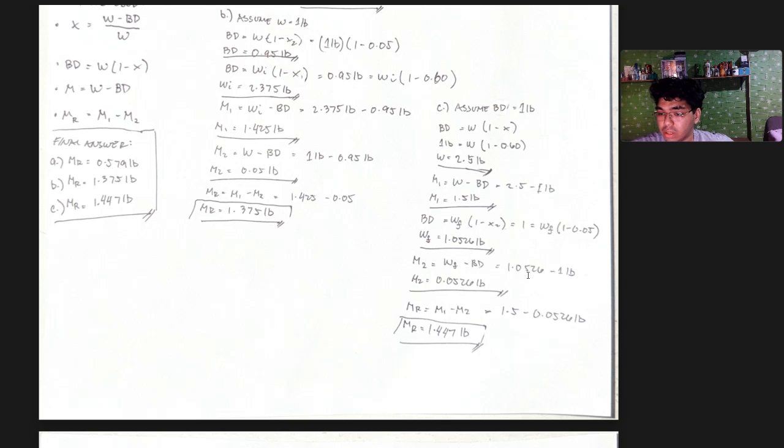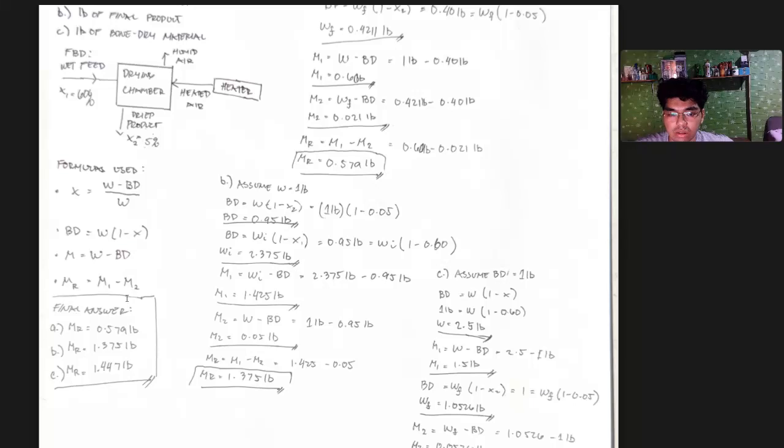After that, we will subtract: 1.0526 minus 1 pound is equal to 0.0526 pounds. Subtracting the initial and final, we will have 1.447 pounds.